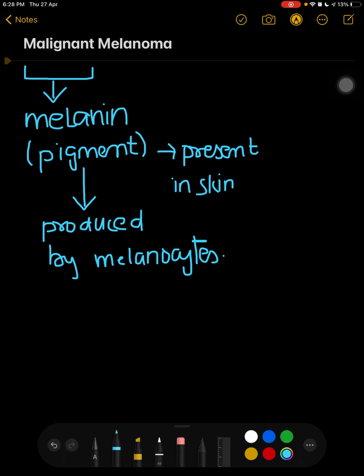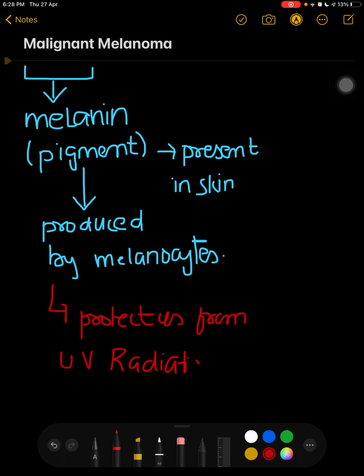People consider a person very black, but the real cause behind it is just the pigment melanin released by the melanocytes, right? This melanin is very useful. It is used to protect us from UV radiations.